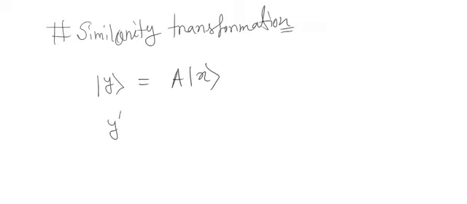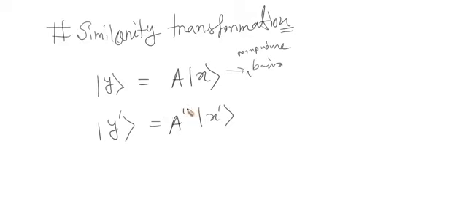So let's say I'm working in another basis, so let's call this basis 1, or the non-prime basis, and this will be the equation for the prime basis. And note that I am also giving a prime over the operator A, because the elements of the operator, if you think in terms of matrix, they are basis dependent.